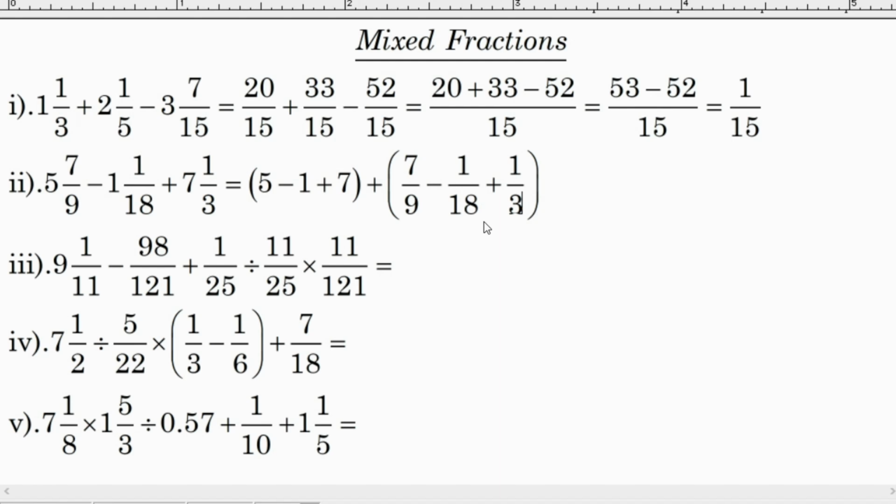This trick is that we group the whole numbers with the whole numbers and the fractions with the fractions. Okay, so we just calculate.